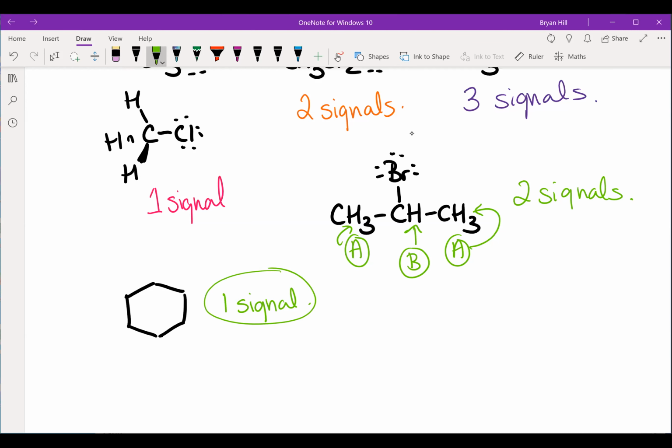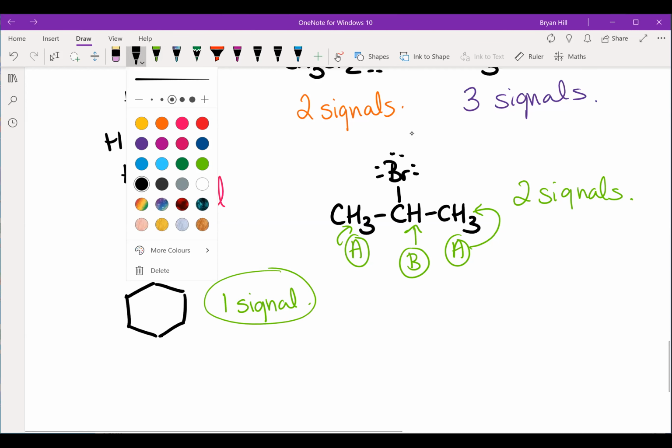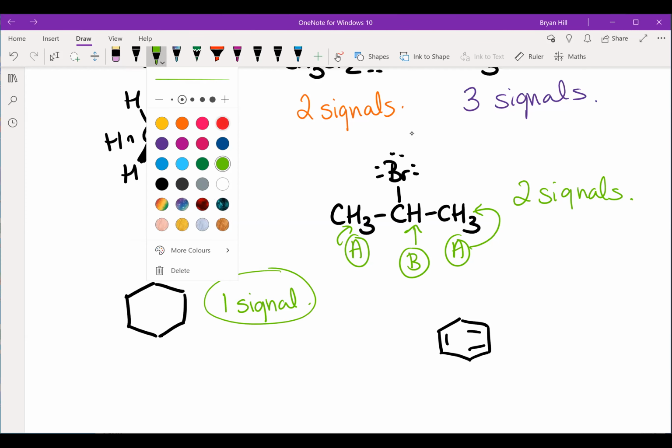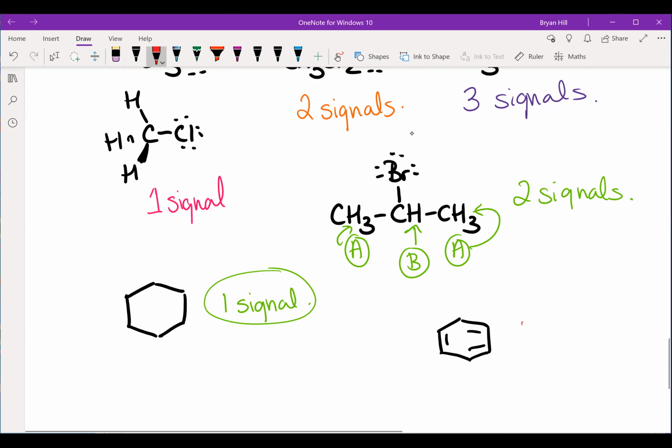So I guess a better example, where you don't have to worry about chair conformations, would be benzene. In benzene, all of the protons are equivalent, so we would have one signal.